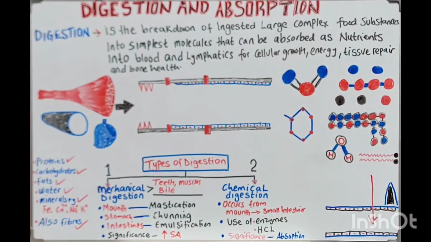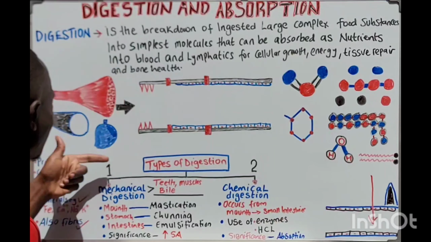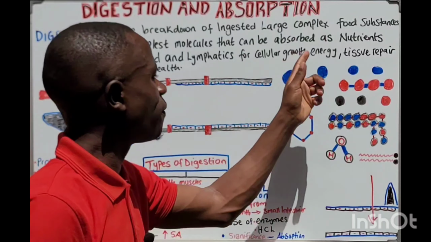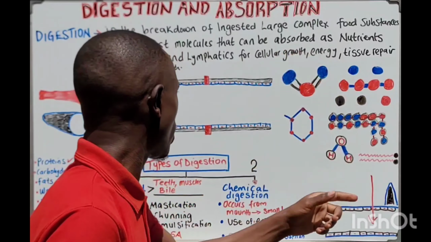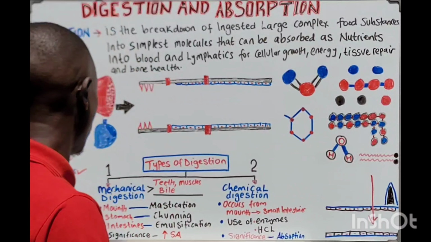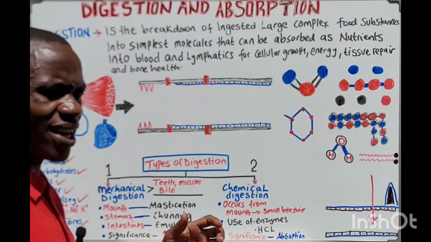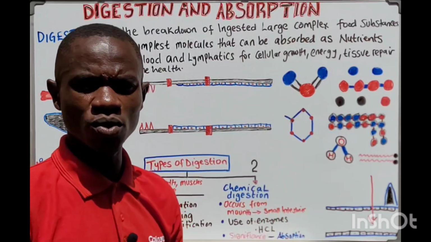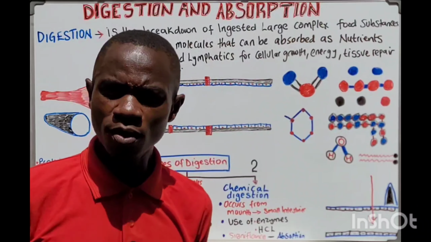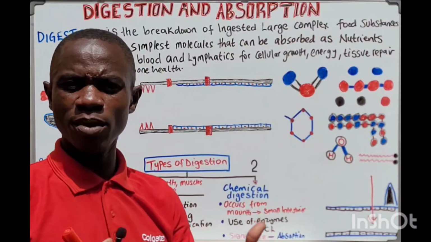Okay, so these are the nutrients that we need to get from these large complex food substances. But our final substances are these. For example, when you break down the proteins in this big substance, the final absorptive molecules we need are the amino acids.